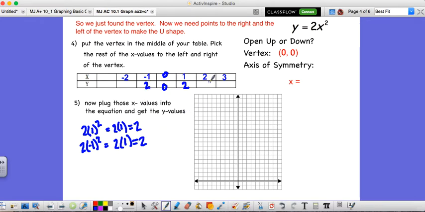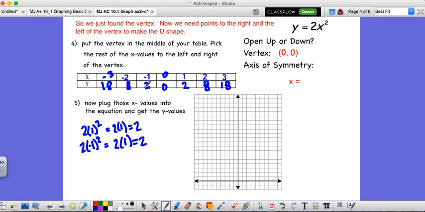If we were to plug 2 into our equation, 2 times 2 squared is 4. 2 times 4 is 8. Negative 2, I hope you believe me, your y value is just going to be positive 8 as well. Now if we were to plug 3 in, 3 squared is 9, 9 times 2 is 18. Negative 3 would give us positive 18 as well.